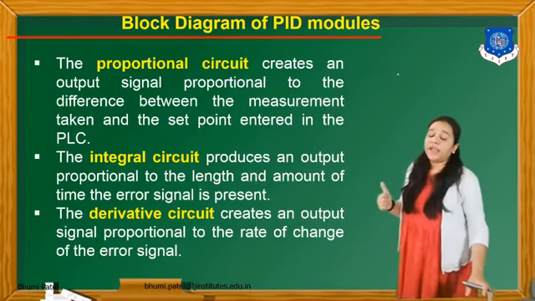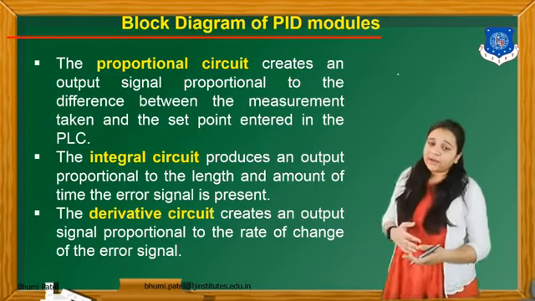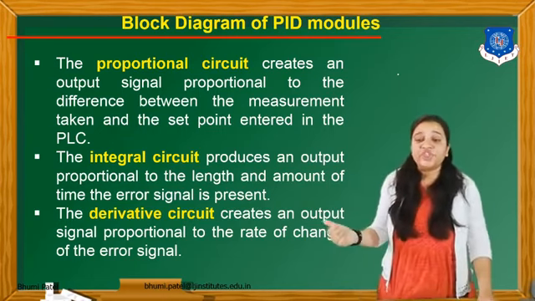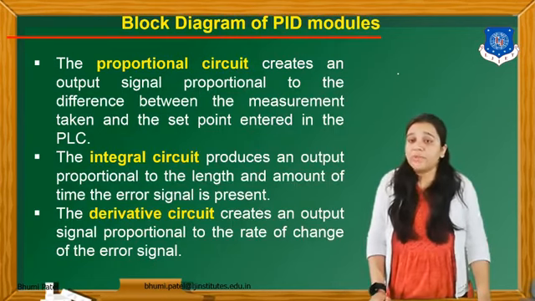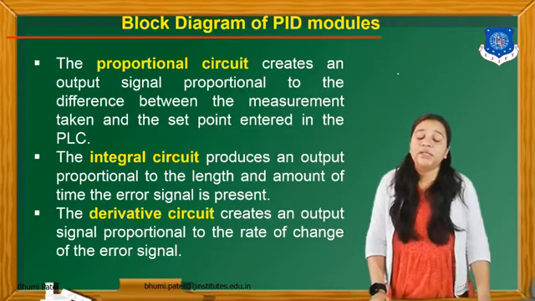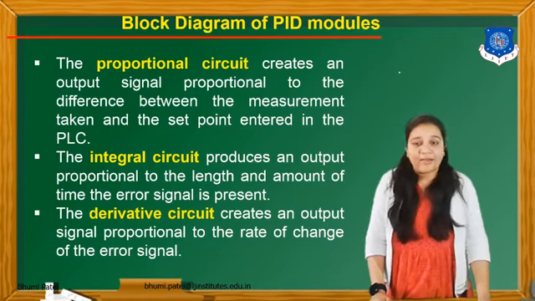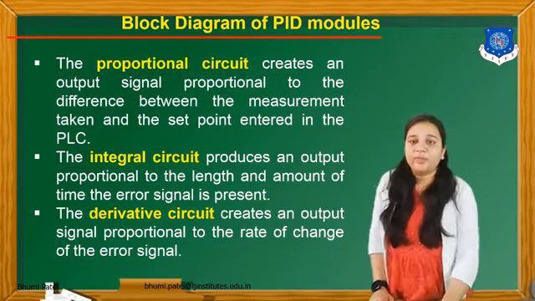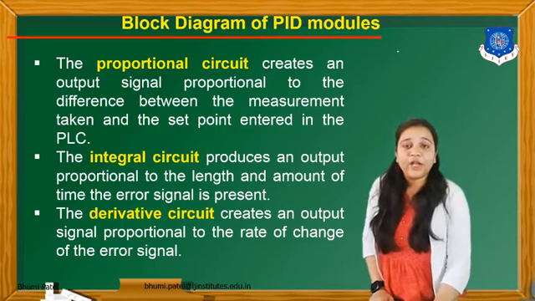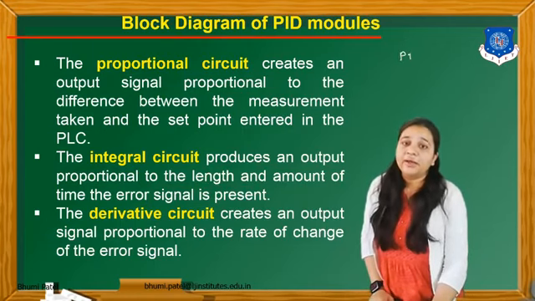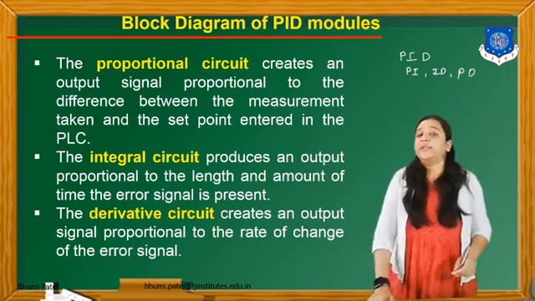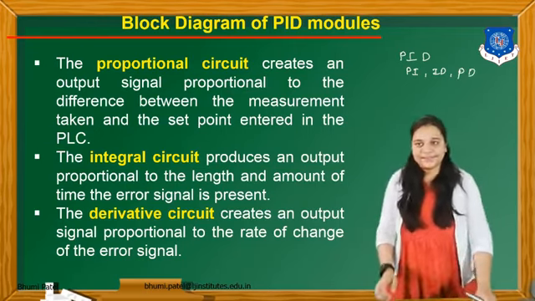And if the error signal is generated throughout the system, at that time we can check using the derivative circuit. So the best option is to connect all circuits with the PID module, and we can get the best output. But every time we cannot connect the PID module with this PLC diagram. According to the application, we can connect only P, I or D, or we can use a combination such as PI, ID or PD controller, and the last option is that we can connect the PID module for this particular system.